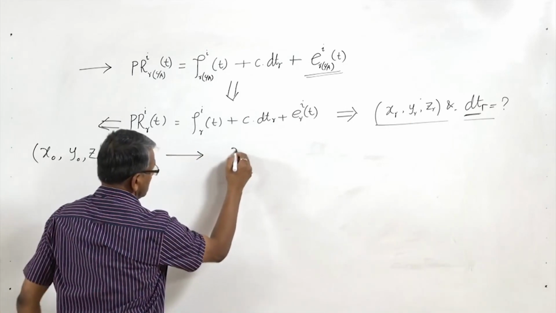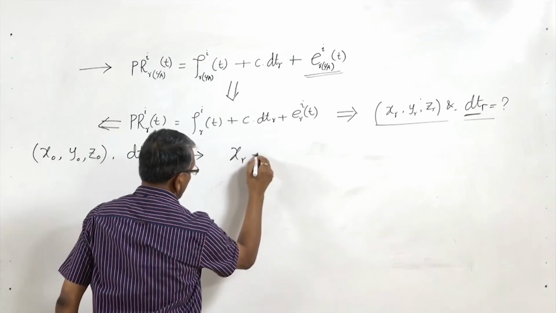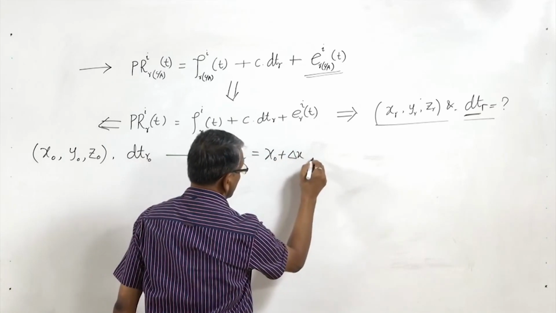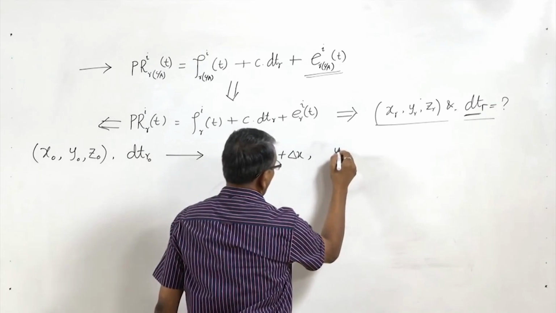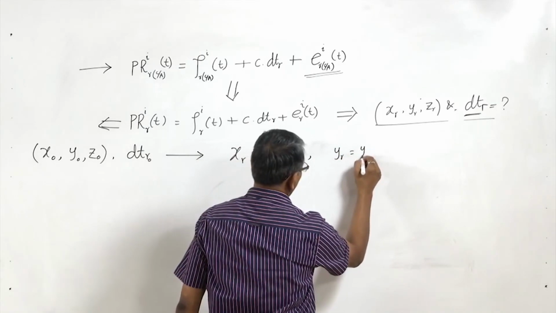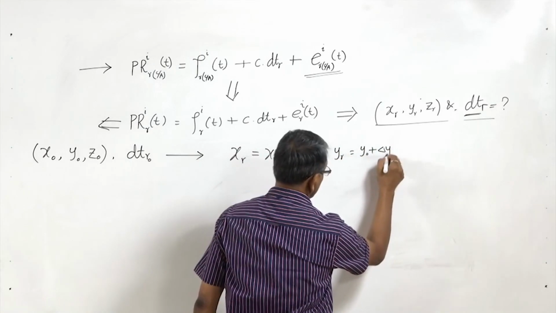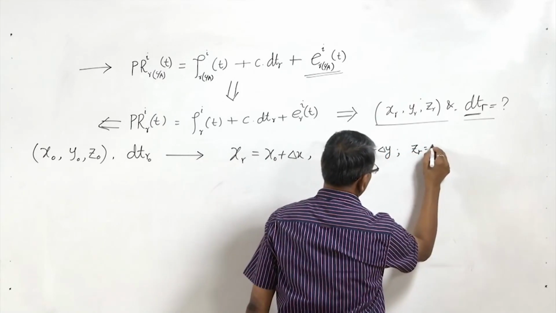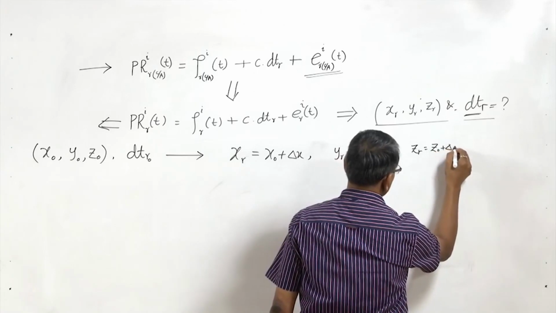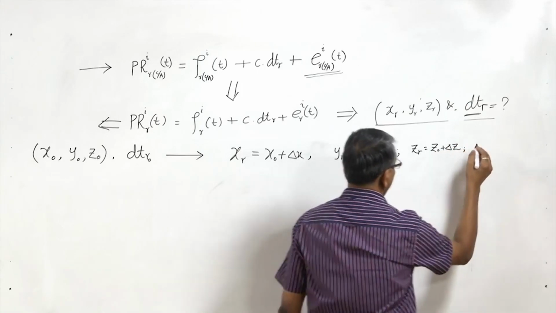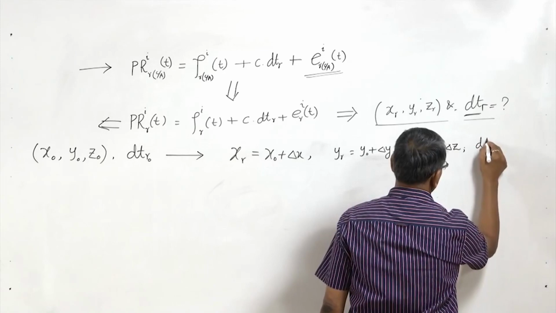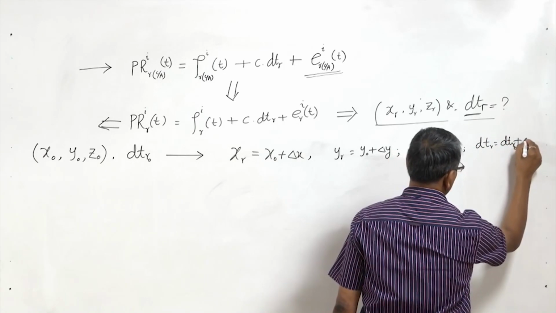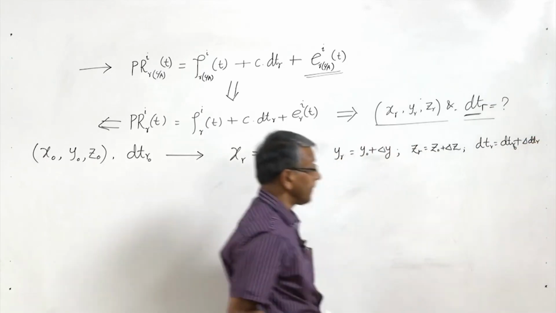So let us say XR equals X0 plus del X, YR equals Y0 plus del Y, ZR equals Z0 plus del Z, and DTR equals DTR0 plus del DTR.